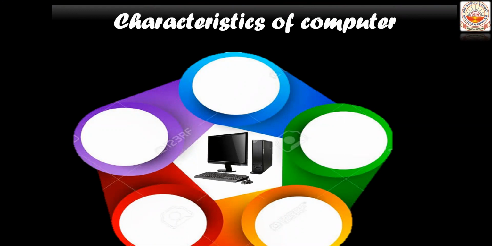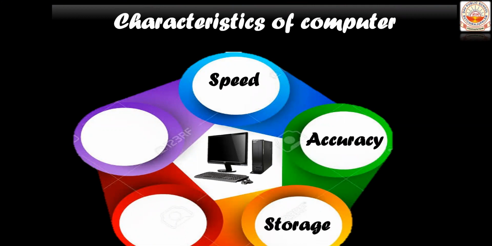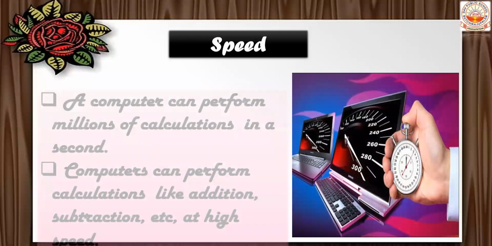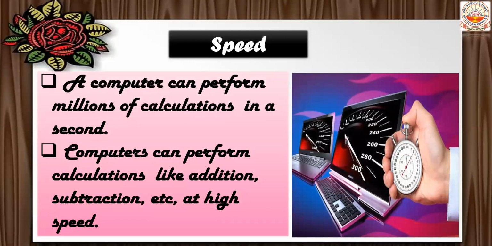The characteristics of computer that have made them so powerful and universally useful are speed, accuracy, storage, diligence, and versatility. So these are the features of the computer. So now let us discuss them briefly one by one. Now let us see the first feature, that is speed.